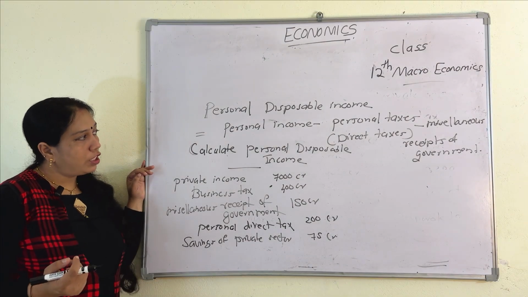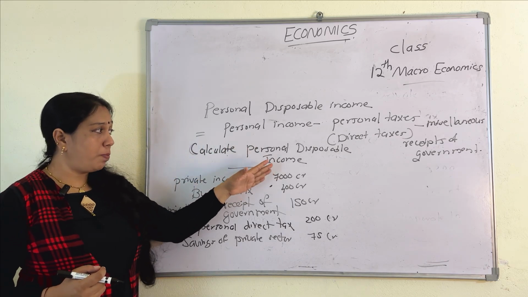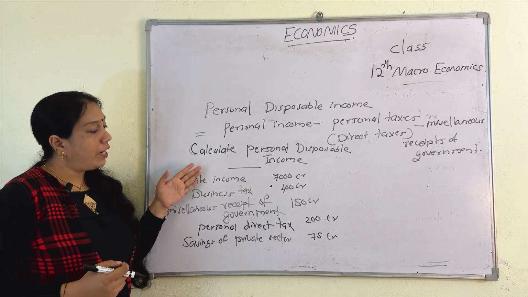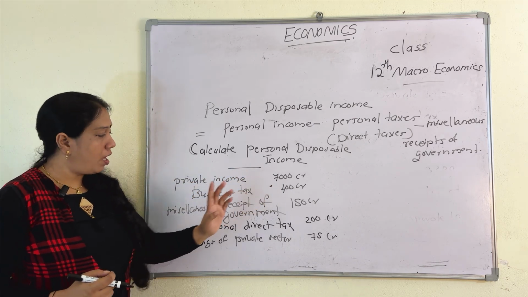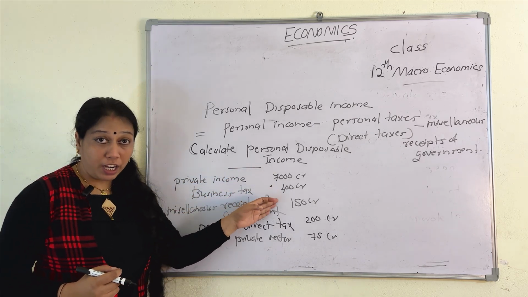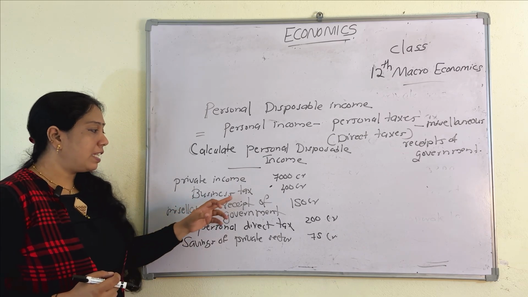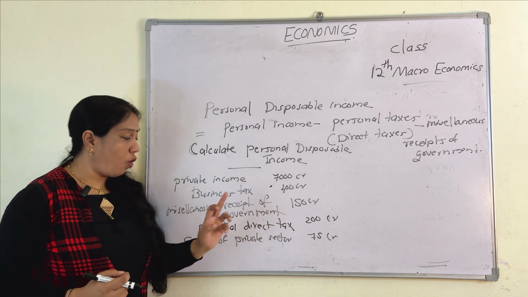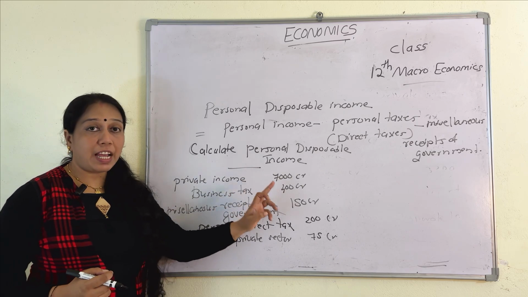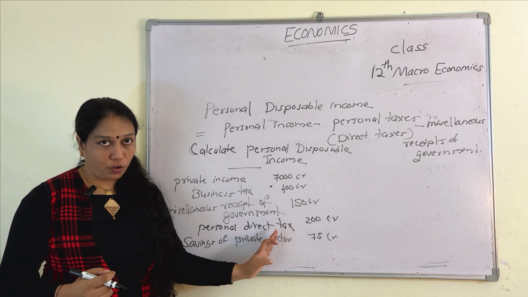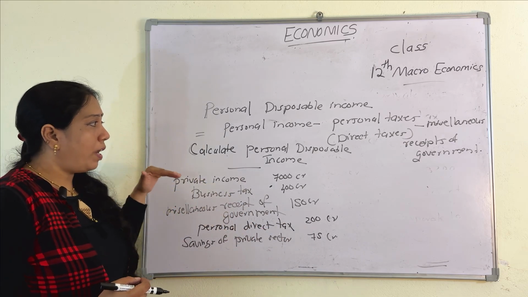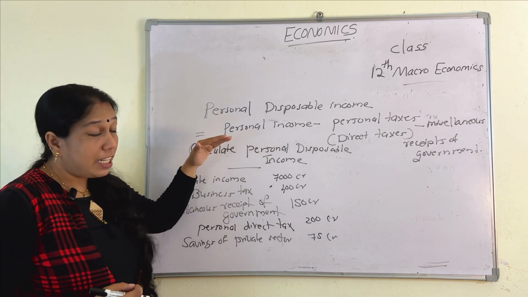Okay, here the question is calculate the personal disposable income. Whatever data is available: private income 7,000 crore, business taxes 400 crore, miscellaneous receipt to the government 150 crore, personal direct tax 200 crore, and savings of private sector 75 crore. And we know the formula to find the personal disposable income.